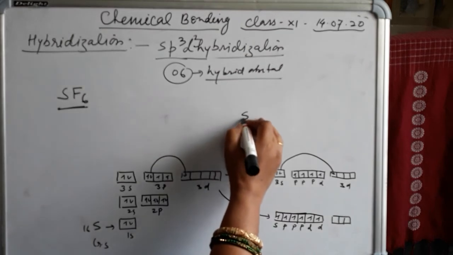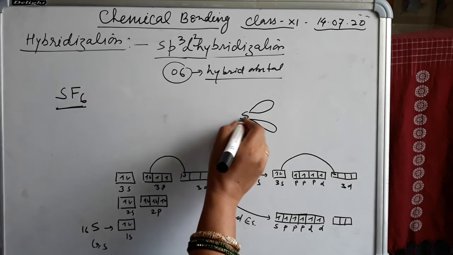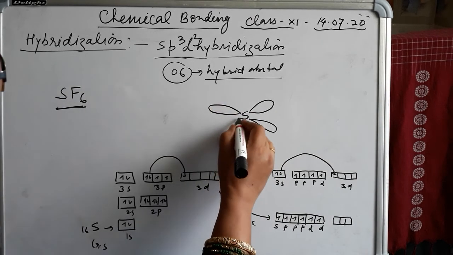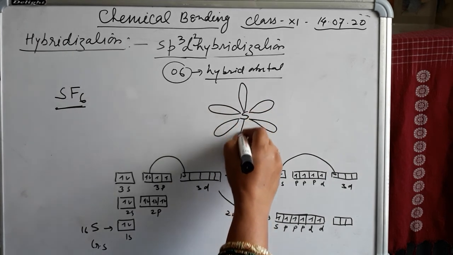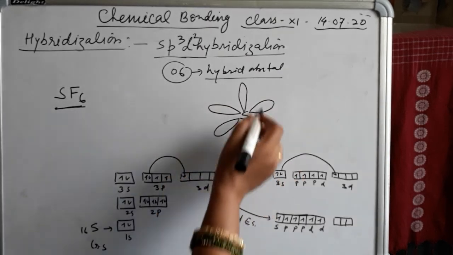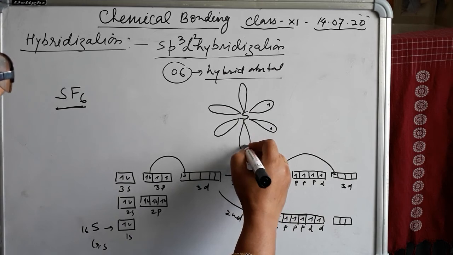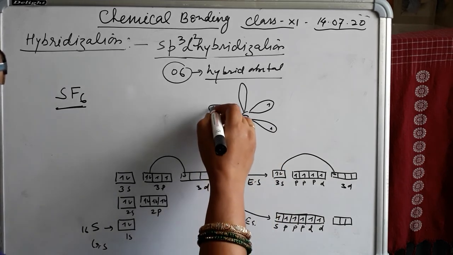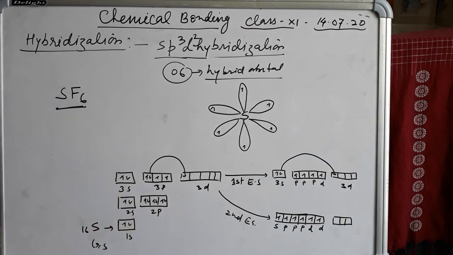So students, sulfur 1, 2, 3, 4, 5 and 6. In this way, the 6 hybrid orbitals arrange themselves so that repulsion minimizes. And the total number of fluorine atoms is 6.